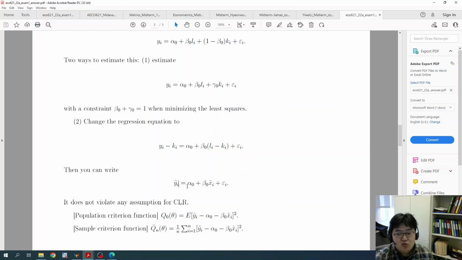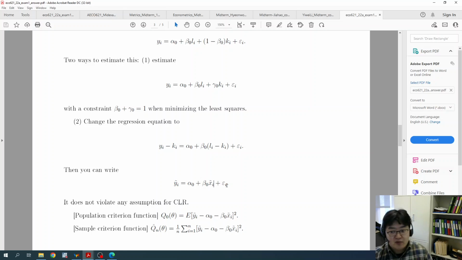And now you have to show the assumptions. How can we do this? Because it does not violate any assumption, then why not, right? That's the point. You just need to check that the resulting equation satisfies the assumptions. And then once you have this, it'll be super easy.